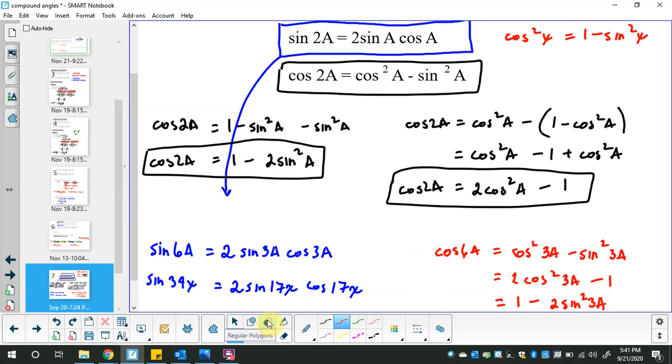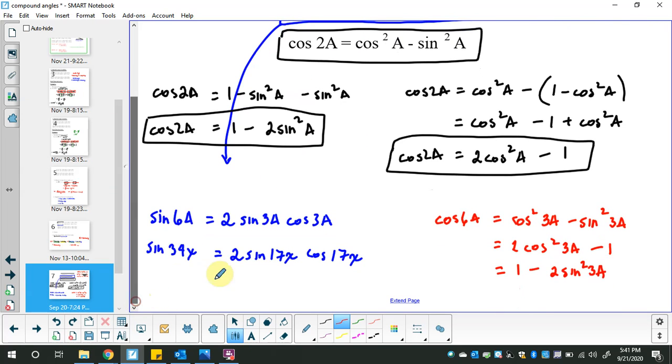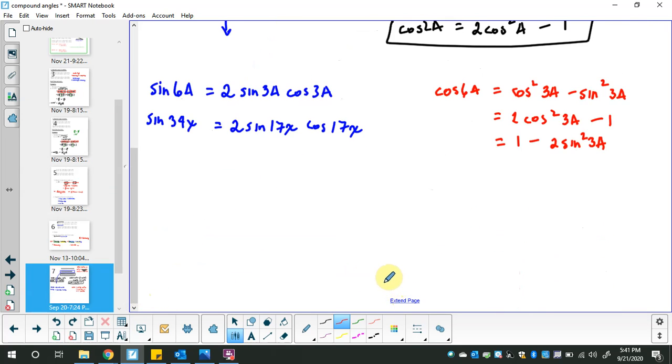As in, I'm not going to use 34 just to mix it up a little bit for myself. So I'm going to pick 18. So cos 18x. As long as it's even, I can split it in half. So 9 of them go there, 9 of them go there.